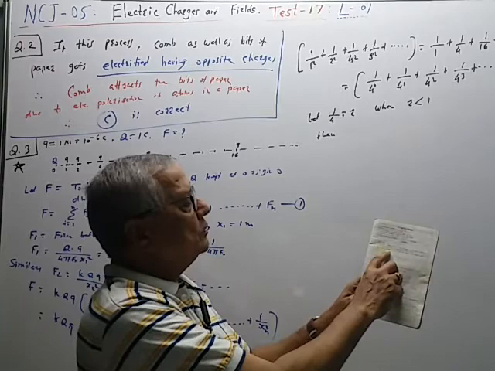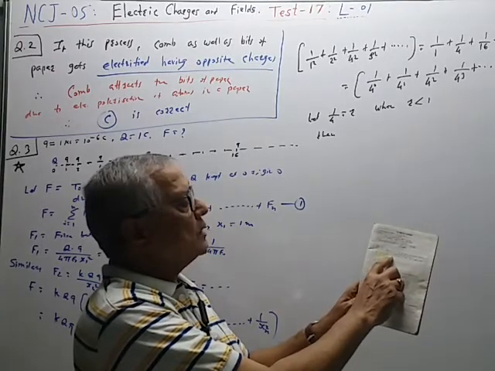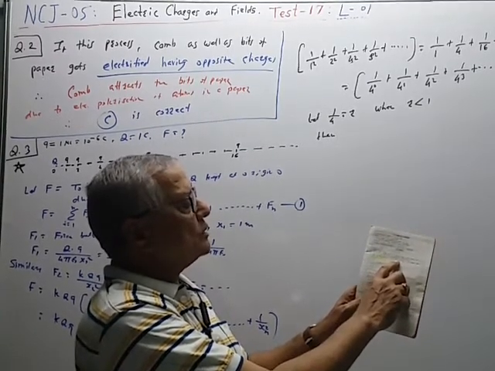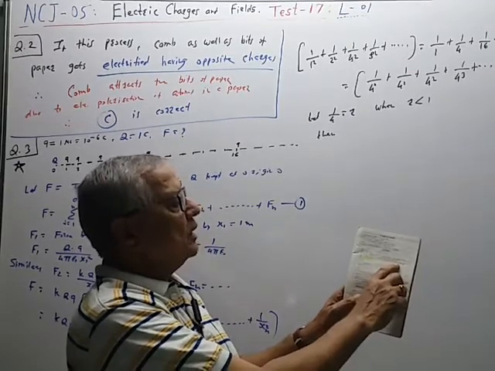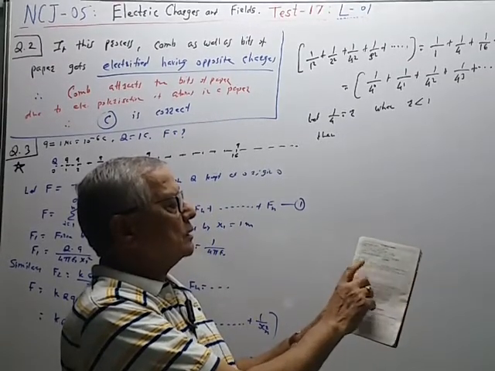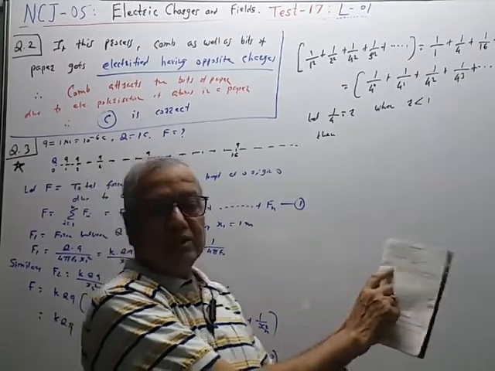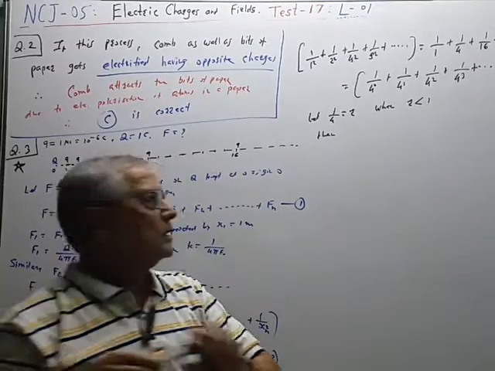The sum of the first n terms of a geometrical progression with the first term a and common ratio r is given by this formula. So using this formula, we can get directly this value.